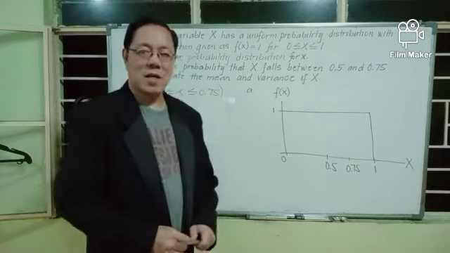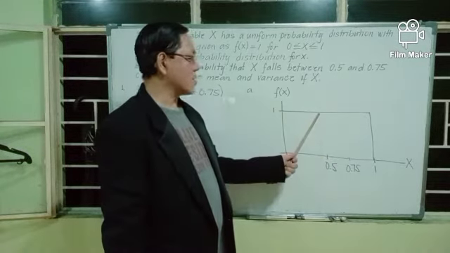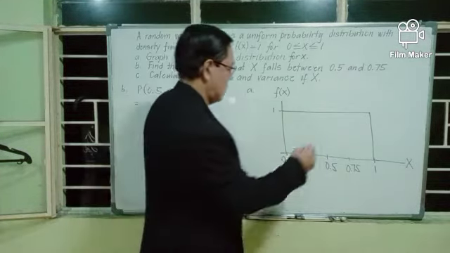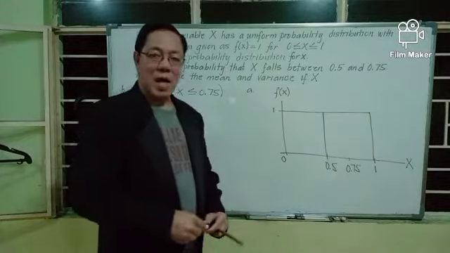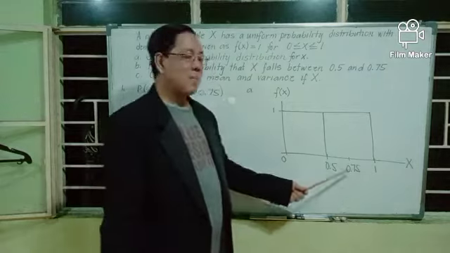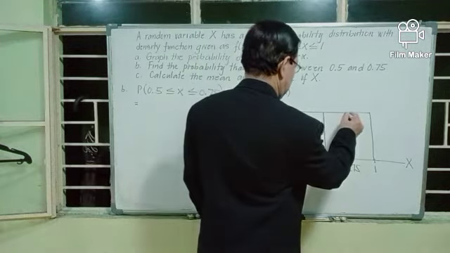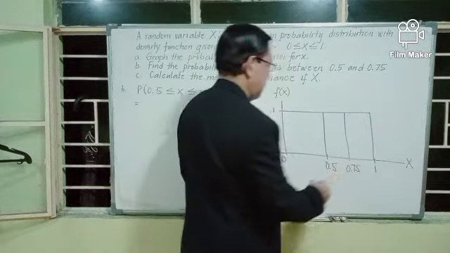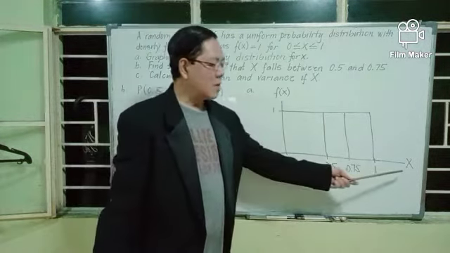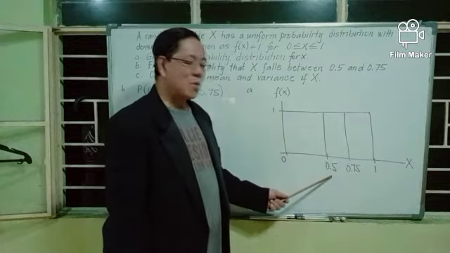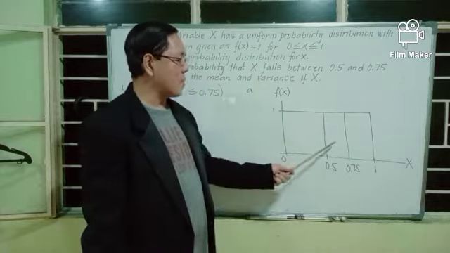And we construct the rectangle from 0.5. When x is 0.5, f of x is 1. When x is 0.75, f of x is 1. And the probability that the value of the continuous random variable x will be between 0.5 and 0.75 is equal to the area of this rectangle.